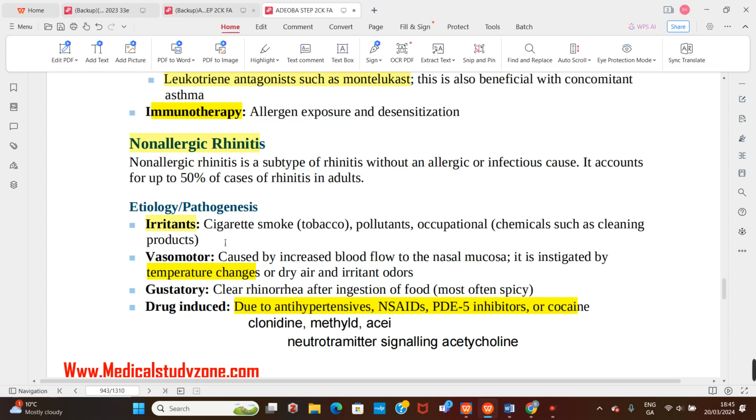All these drugs can trigger rhinitis due to effects on neurotransmitter signaling. They can provoke release of acetylcholine that is going to cause increased secretion of the nasal mucosa, leading to the rhinitis.